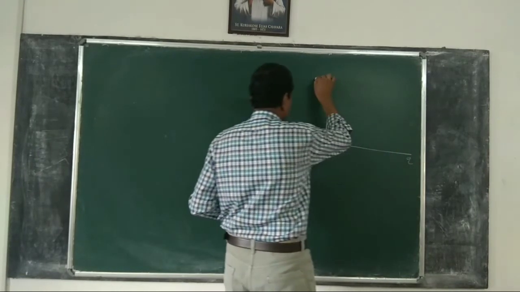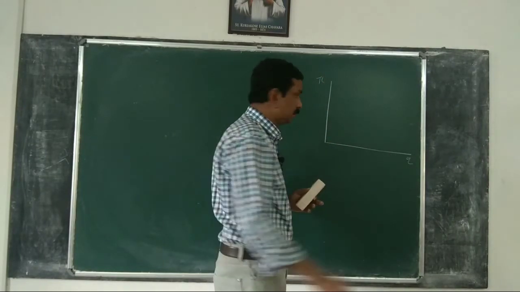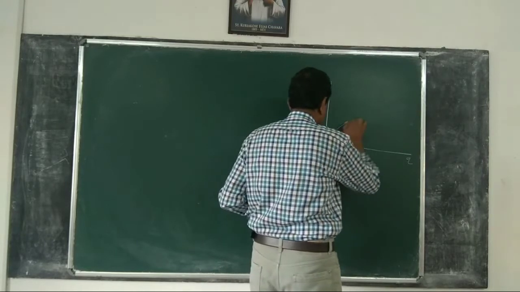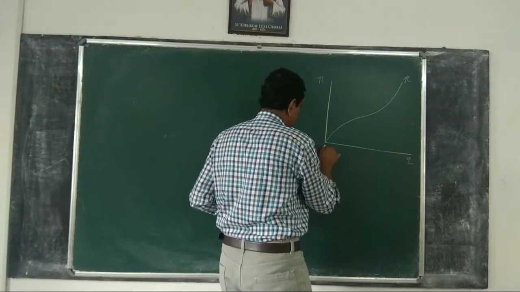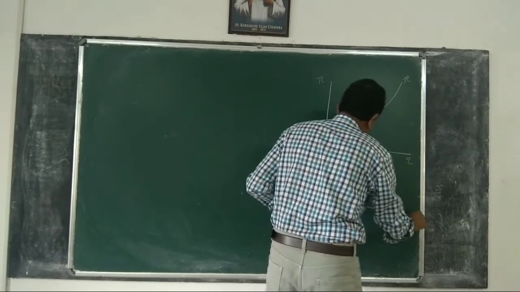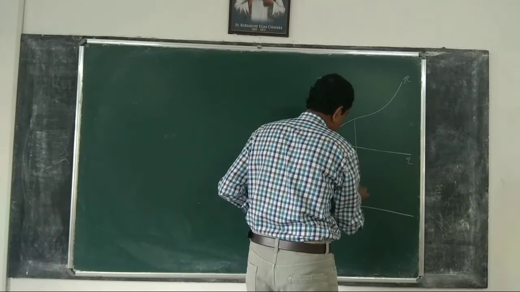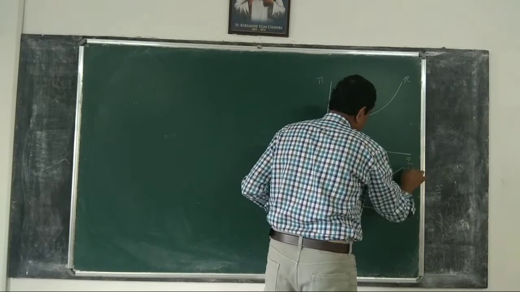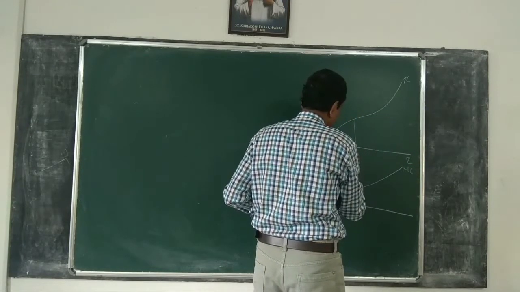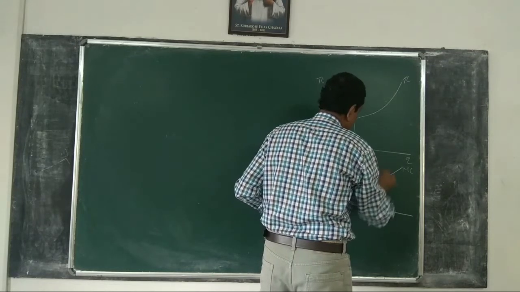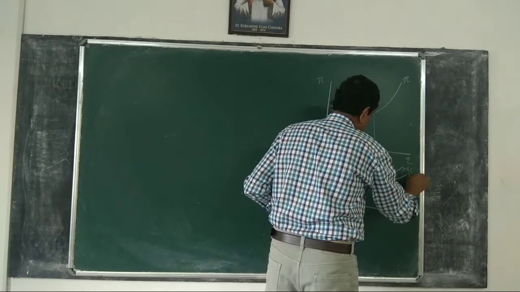Quantity, total cost, and as it is known to you, the standard shape of the total cost is like this. So that MC, marginal cost, and average cost, like this.